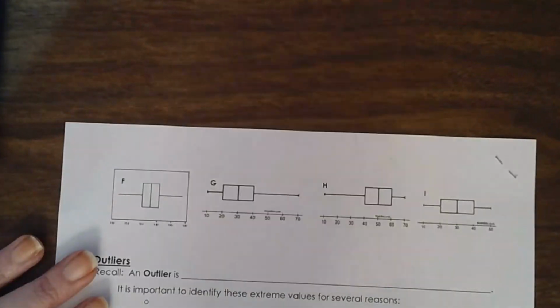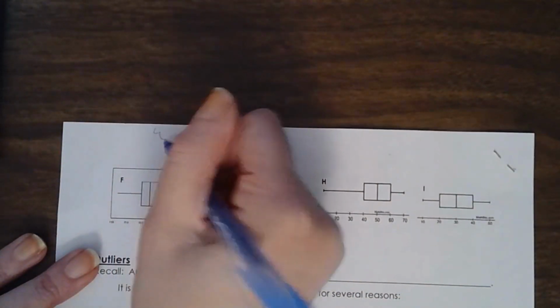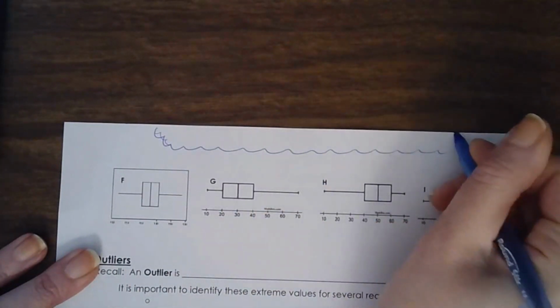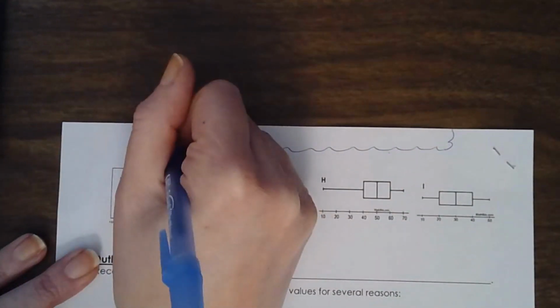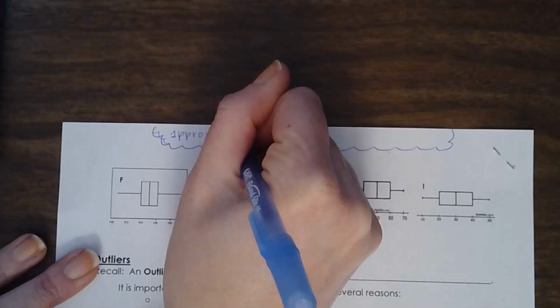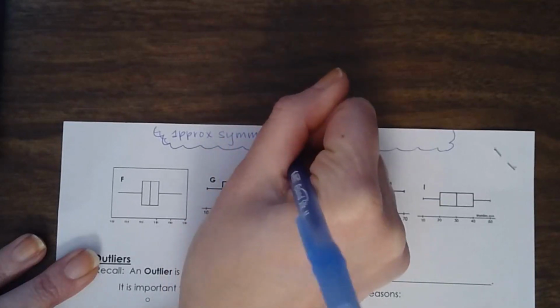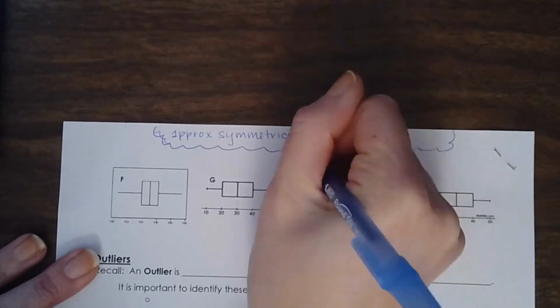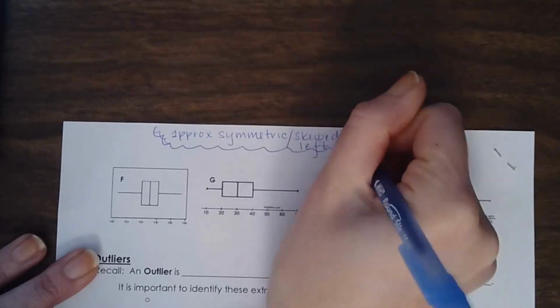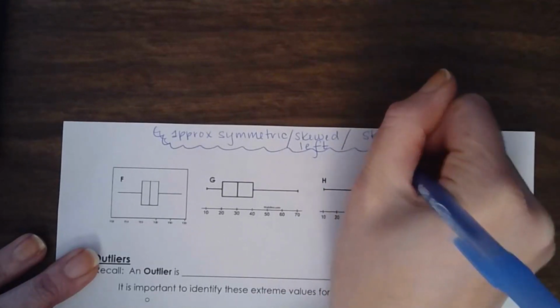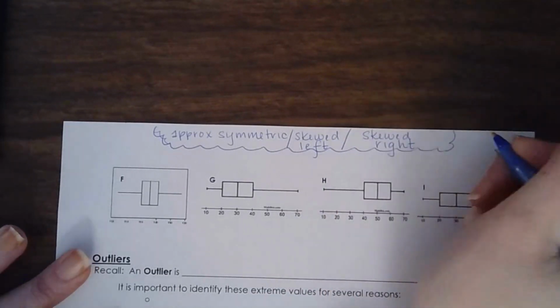Okay, now shapes of box plots. For shapes of box plots, you guys, our three choices are going to be either approximately symmetric, skewed left, or skewed right. Okay?